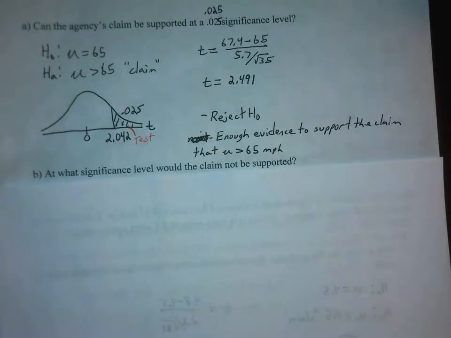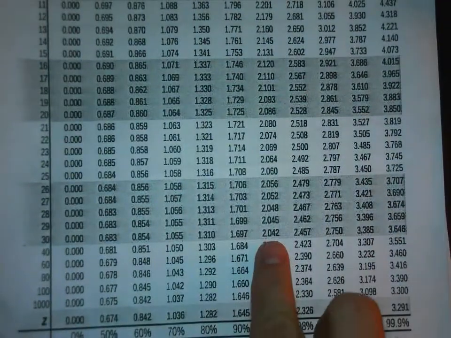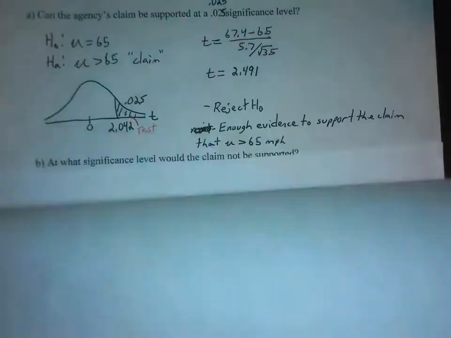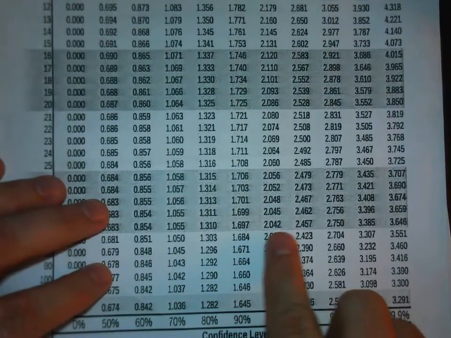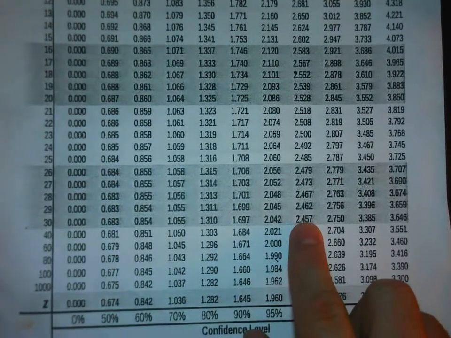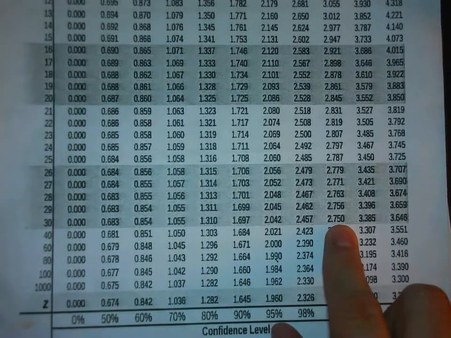So when you look at the row where we found the 2.042, our test statistic was 2.491. So when do we go beyond that 2.491? Well, 2.457, we haven't gotten there yet. And then 2.750, that's beyond our test statistic.